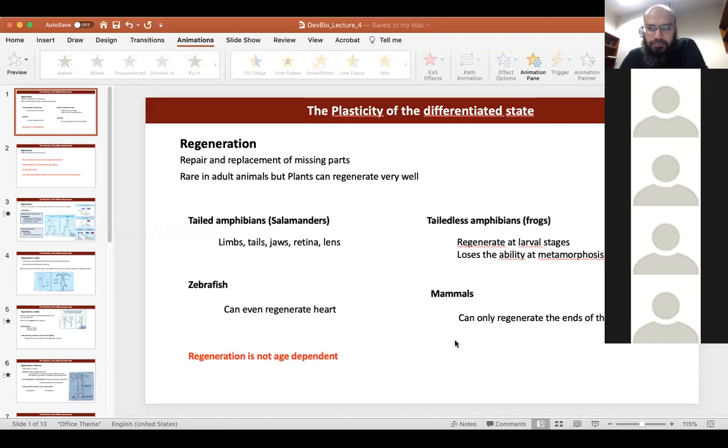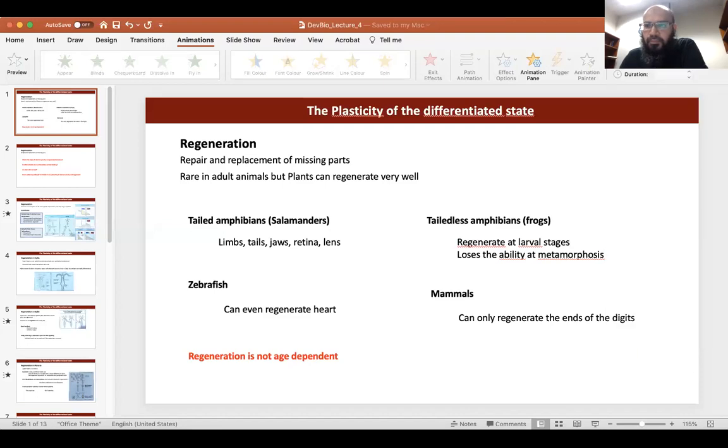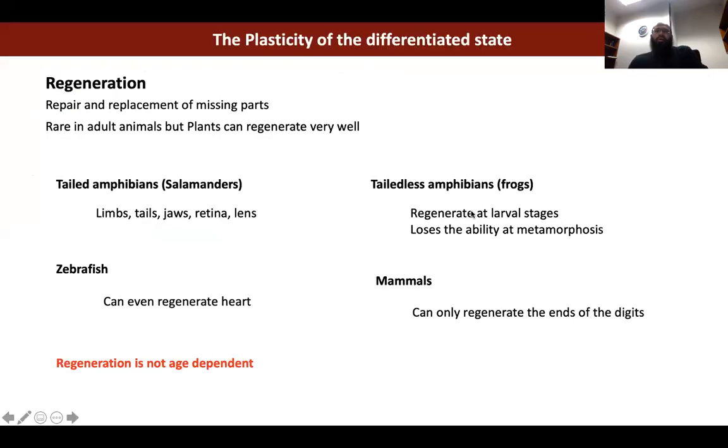So today we have our last lecture for this semester. We will continue on the same path we were discussing in the last few lectures about the differentiated state, and then we discussed the plasticity of the differentiated state.